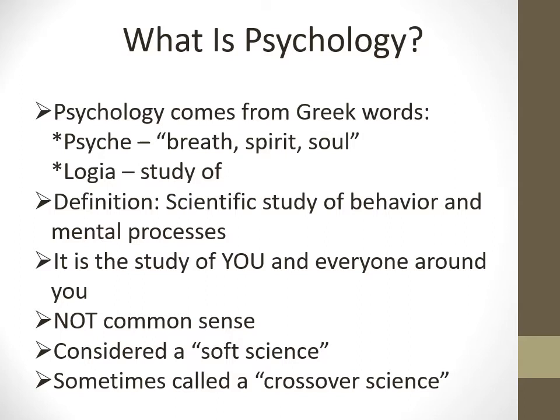To sum up, it's basically the study of you and everyone around you. How we think, work, learn, remember, etc. It's applicable in everyday life. We learn how to think critically, we pay attention to pop psychology, and we learn about ourselves in the process.